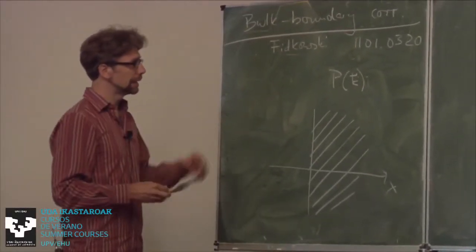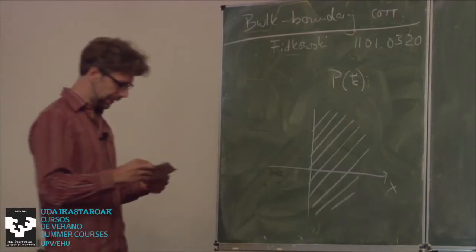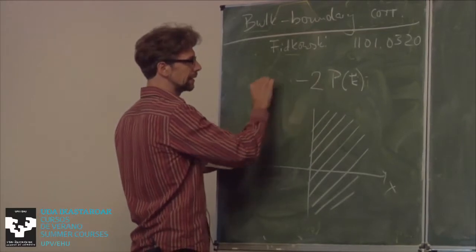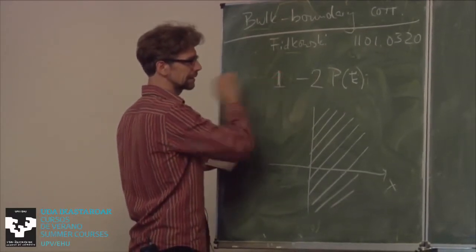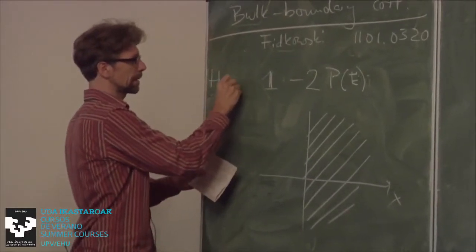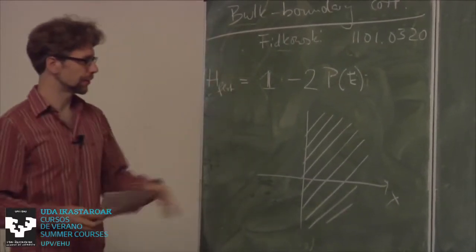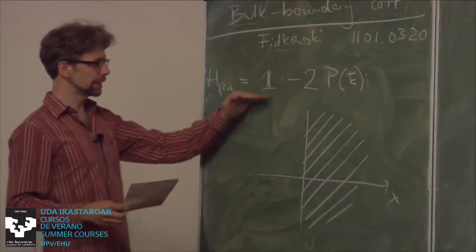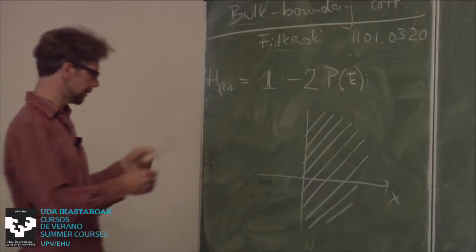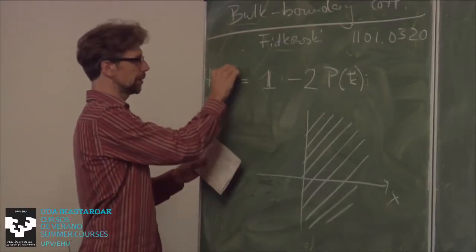For simplicity, we'll look at the Hamiltonian that is spectrally flattened, as one says. In the bulk of the system, we want to look at the Hamiltonian written as 1 minus 2 times this projector on the occupied bands, which also depends on these momenta.